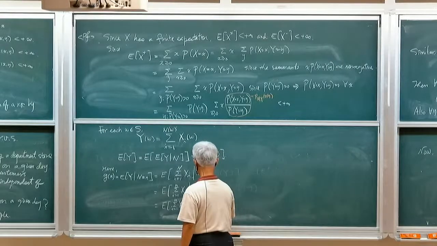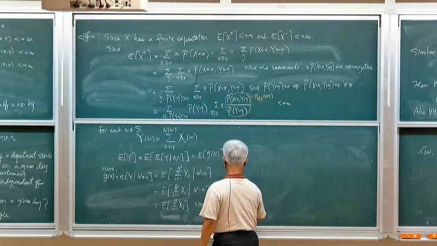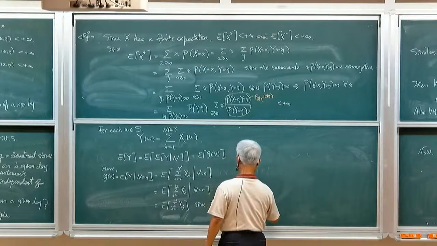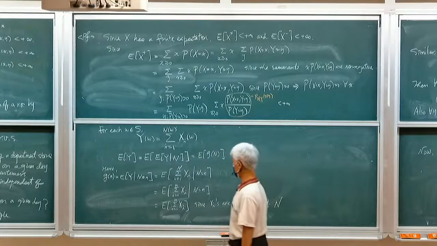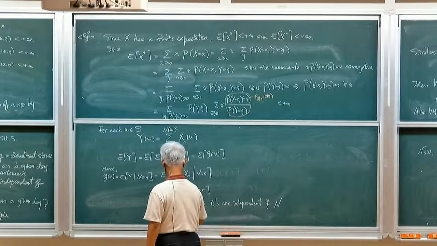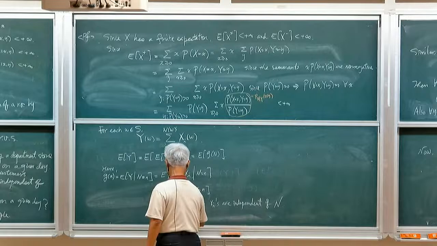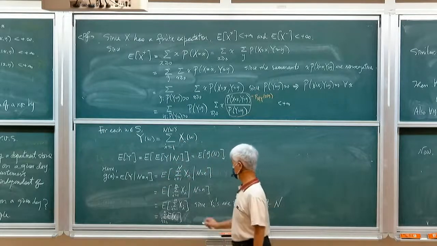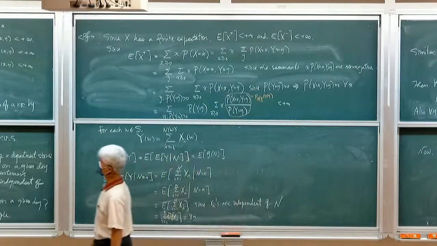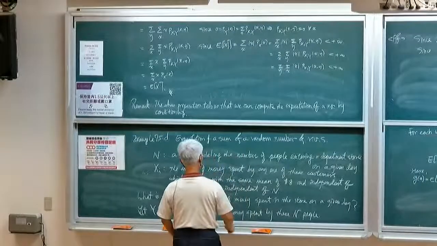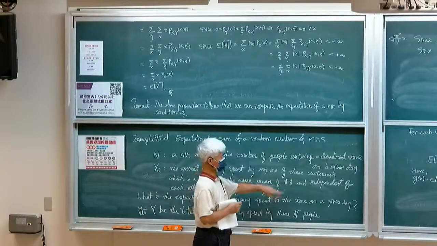So since the X_i's are independent of capital N, and so by linearity, okay, this is 8 times n dollars, because the mean of each X_i is $8.